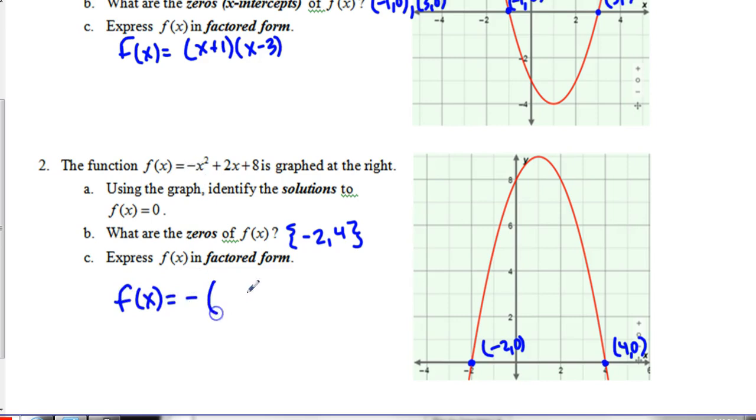Okay, so I still have that negative because the graph is still reflected over the x-axis, excuse me. And now when we express our factored form, we're going to express it as x plus 2. Okay, so that -2 plus 2 results in a 0 factor. And then this would be x minus 4. So that's our factored form.